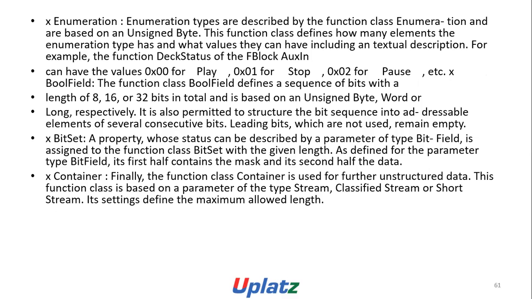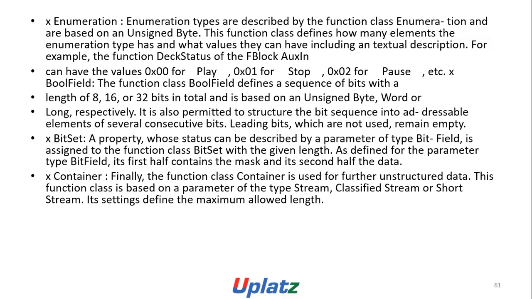For example, the function Status of the FBlock AudioDiskPlayer can have the value 0x00 for play, 0x01 for stop, 0x02 for pause, etc. BoolField: the function class BoolField defines a sequence of bits with a length of 8 to 32 bits in total and is based on unsigned byte, word or long respectively. It is also permitted to structure the bit sequence into addressable elements of several consecutive bits. Leading bits which are not used remain empty.